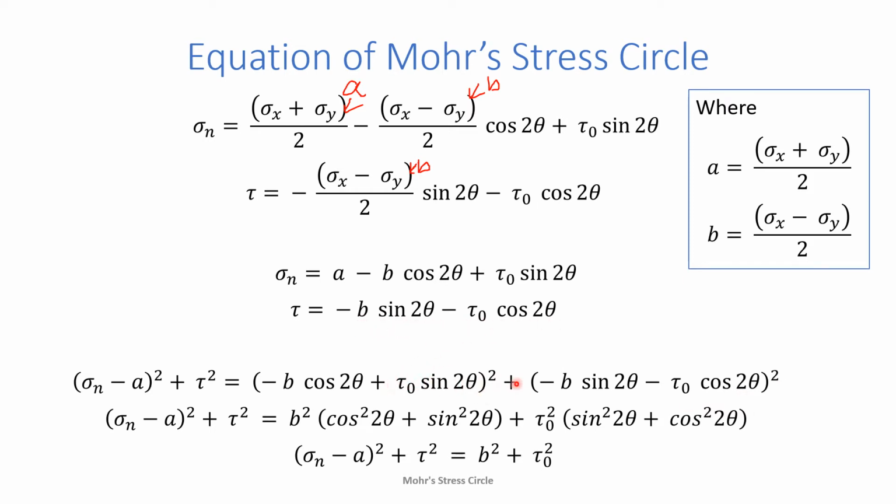When we open the right hand side, we get B square into cos square 2 theta plus sin square 2 theta, plus tau naught square into sin square 2 theta plus cos square 2 theta.